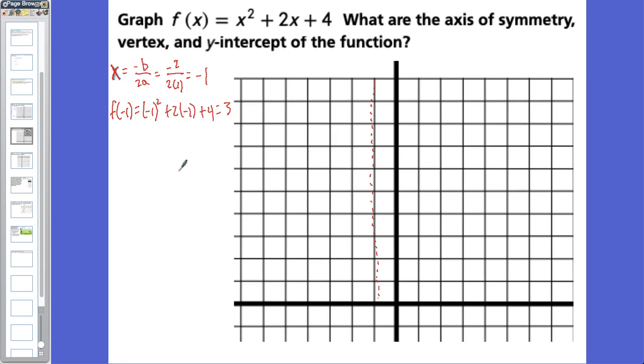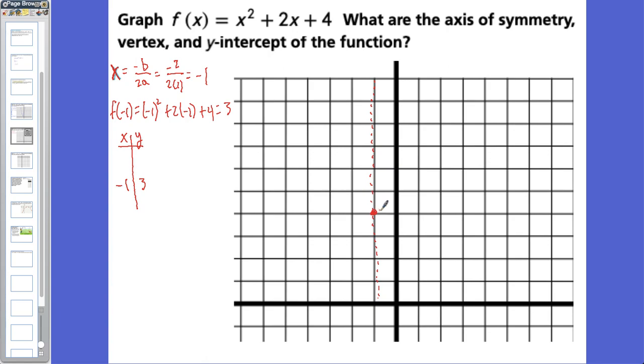All right, so if I start my table here, I'll move that over just a little bit so I can write on it more easily. X, Y, and I want my vertex in the center, so I'm going to do negative 1 comma 3 as my vertex. So negative 1, 1, 2, 3.